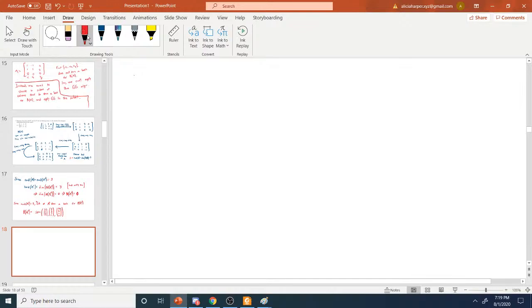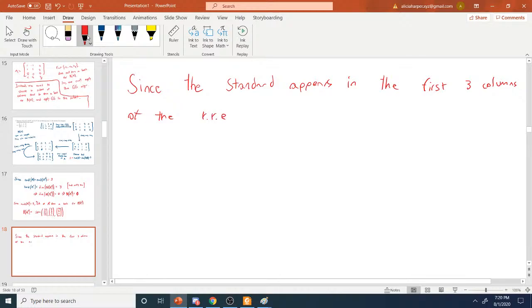But we've also determined that since the standard basis appears in the first 3 columns of the row-reduced echelon form of A, we have that the column space of the matrix A is simply equal to the span of the 3 basis vectors, which is just R3 itself.